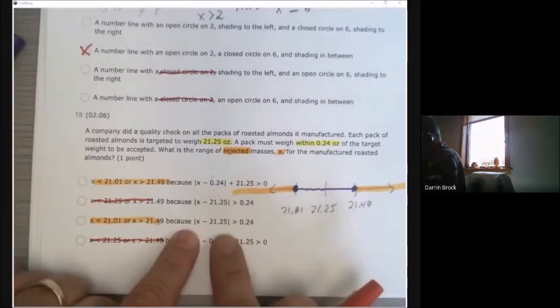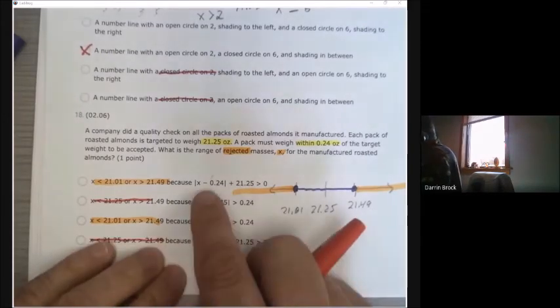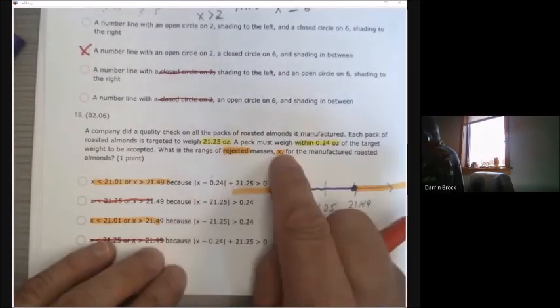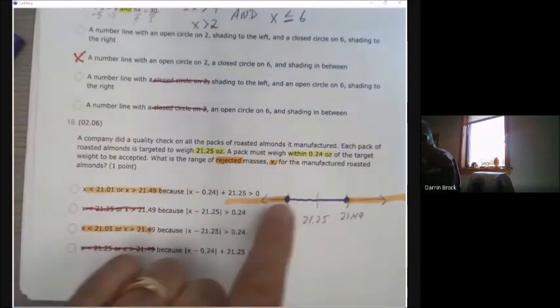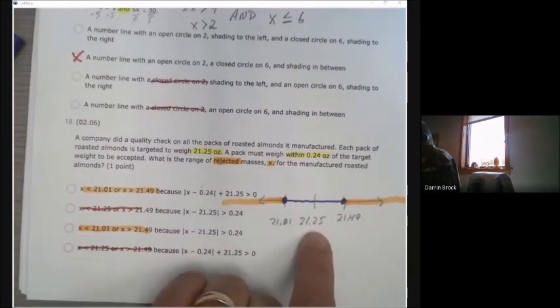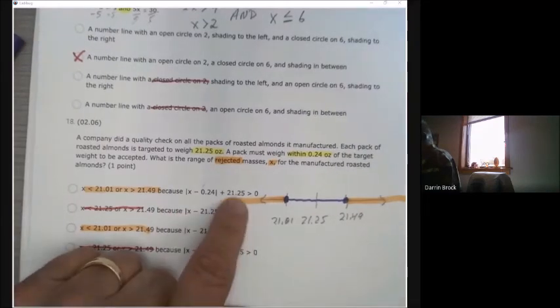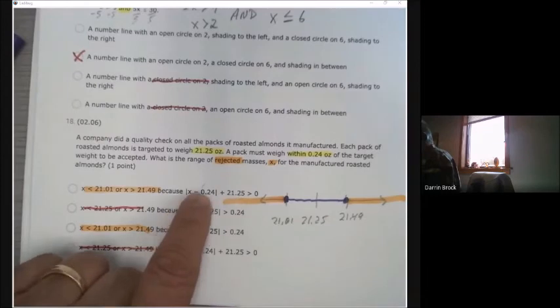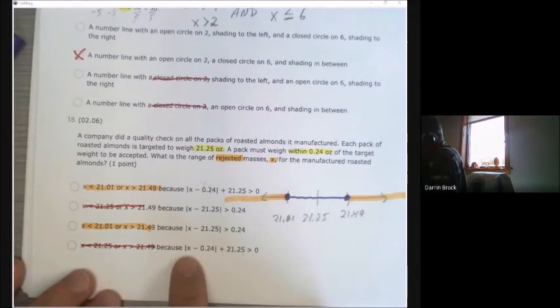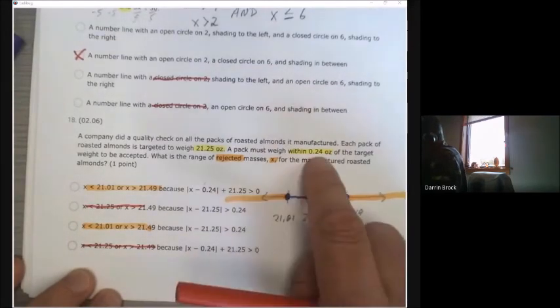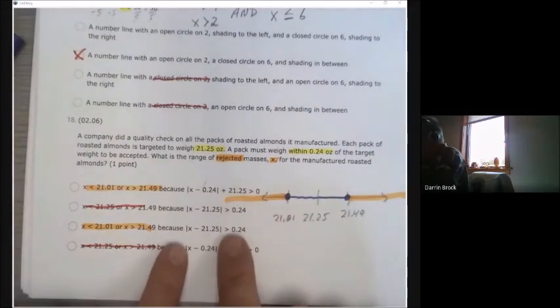Let's look at this part of it, because it says X minus, and X is the mass, minus 0.24, which is what's allowed, plus adding this has to be greater than 0. Well, that doesn't make sense to add the weight when you already had the mass and subtracted the variance and add the weight back.